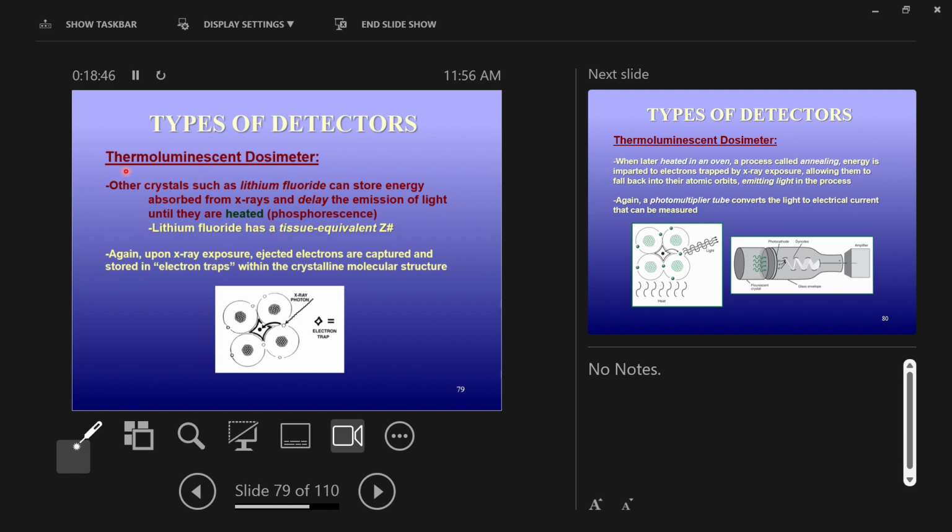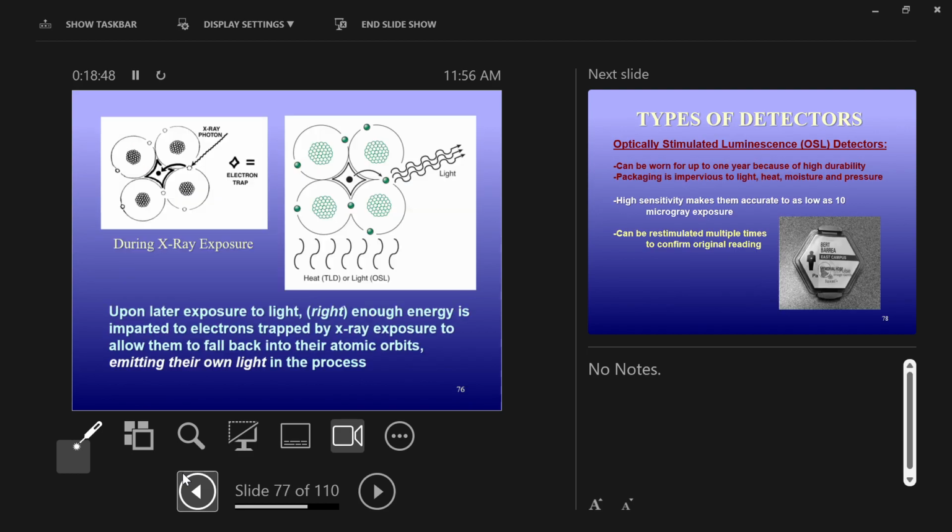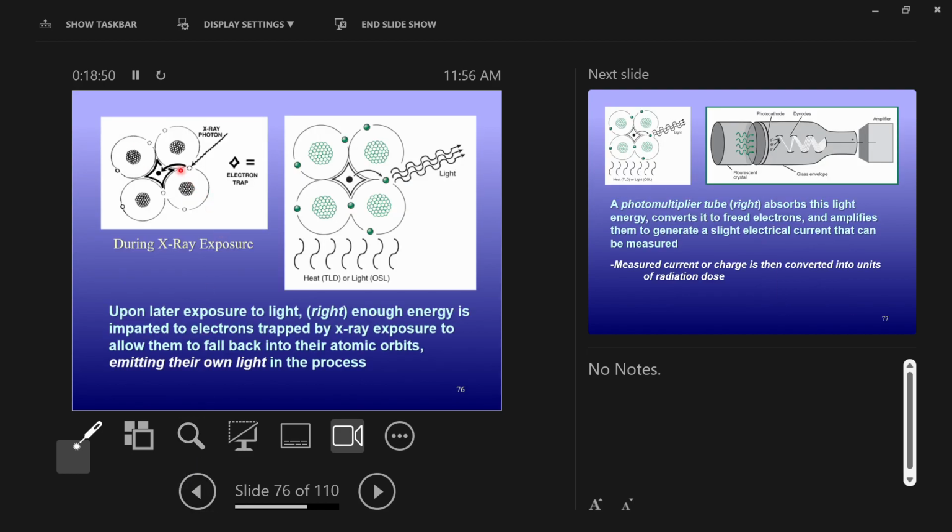OSL badges, let me backtrack for just a moment. OSL badges have a crystal structure, again, quartz or whatever, doesn't matter, but a crystal structure material in here that when X-rays strike them, they capture the electrons in these electron traps, okay? The electrons store the energy from the X-ray beam, and that stored energy stays in here until you get to the badge company.